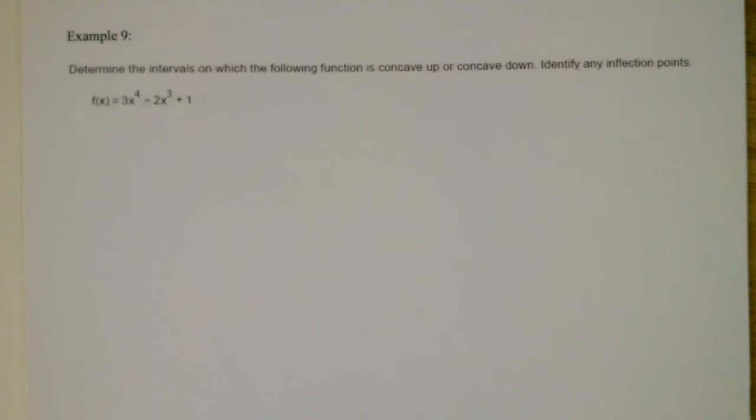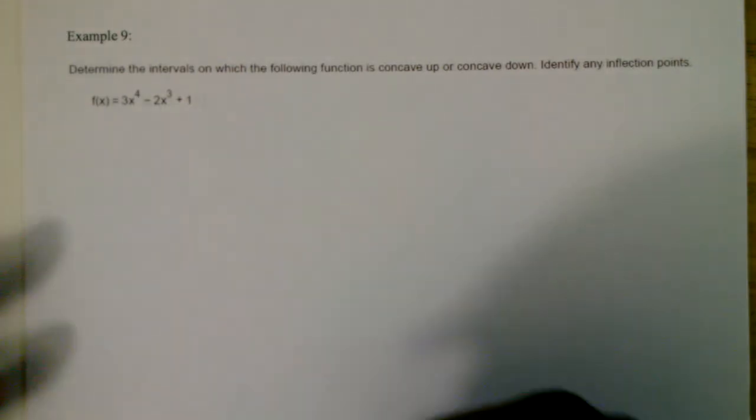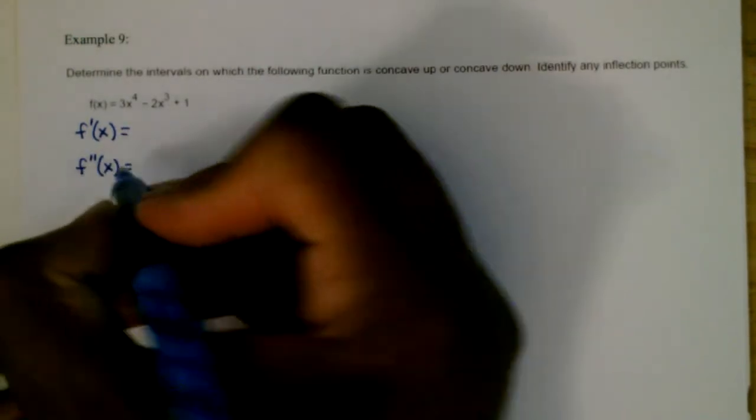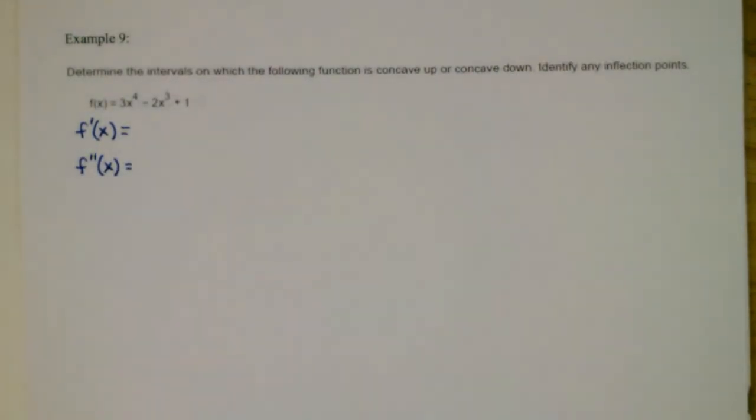Let's say we got f of x is equal to 3x to the fourth minus 2x cubed plus 1. There are two things we need to find. We need to find out what f prime of x is, and we need to find out what f double prime of x is. That's the first and the second derivative, okay?